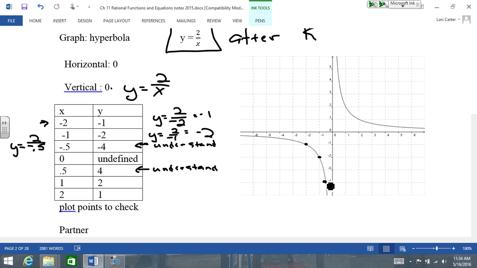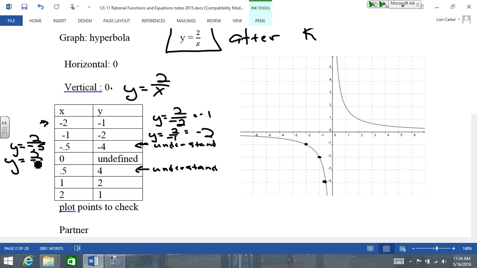But can it cross the Y axis? Let's plug in 0. What is y equals 2 over 0? What's 2 divided by 0?